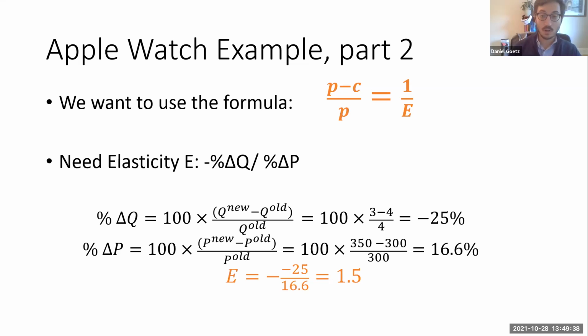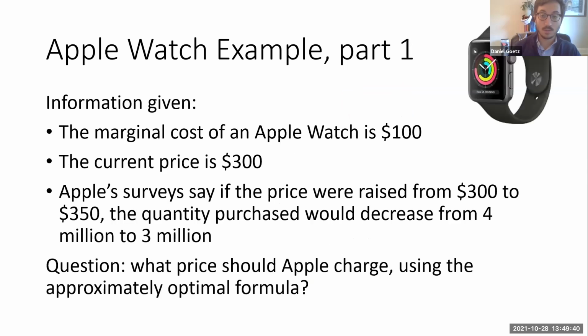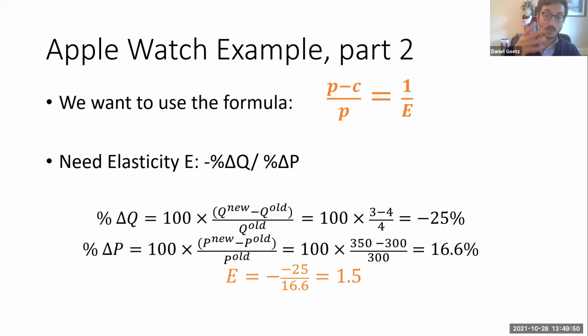So our survey needs to be only the price changing, nothing else changing. If you can't run the survey, if all you observe is observational data, then you need to make sure using statistical tools that you're trying to control for everything else that's happening to isolate the effect of the price change, because it's just the price elasticity that you want for this formula.